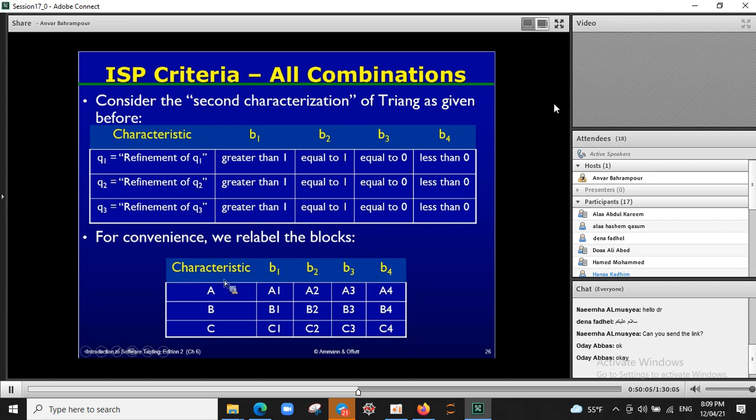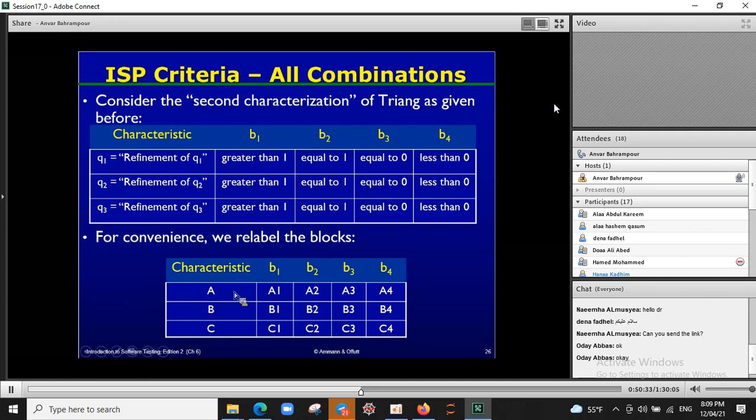The number of test cases in each choice coverage is 4 in this case, because the largest characteristic has 4 blocks. We have 4 blocks for each characteristic. It's possible in other programs to have characteristics with fewer blocks.